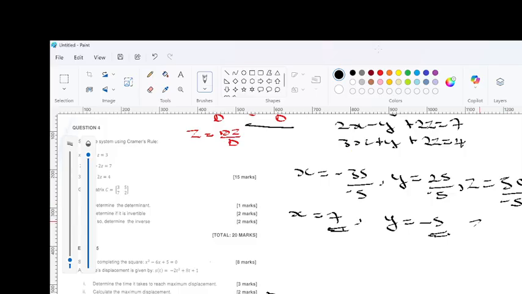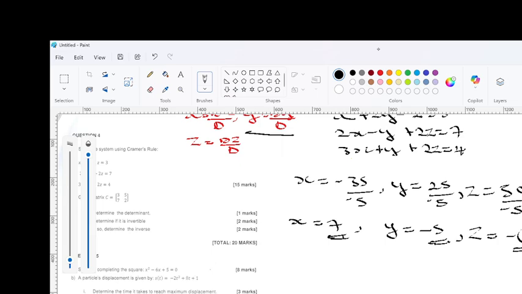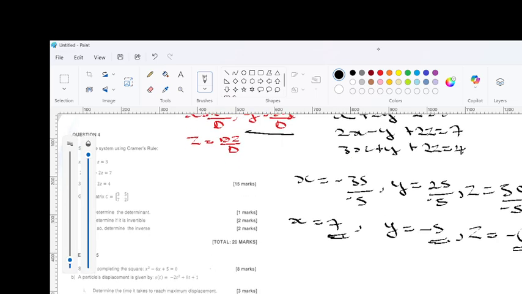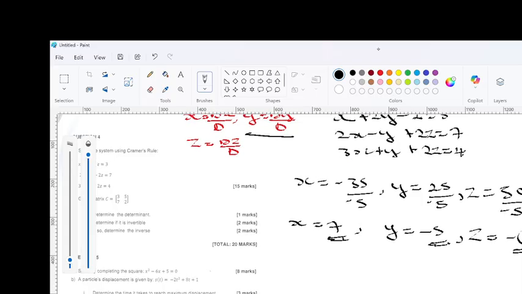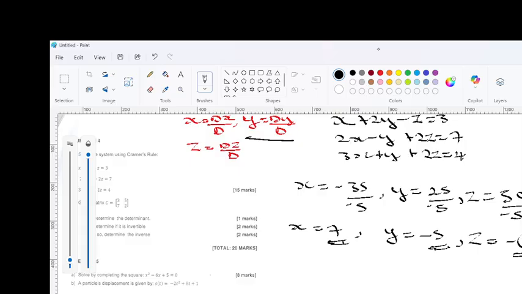So z is equal to, what is 30 divided by -5? That is -6. Okay, so these become our final answers for the Cramer's rule for this given 3 by 3 system. This is how you find the values of x, y, and z, and you get your 15 marks.